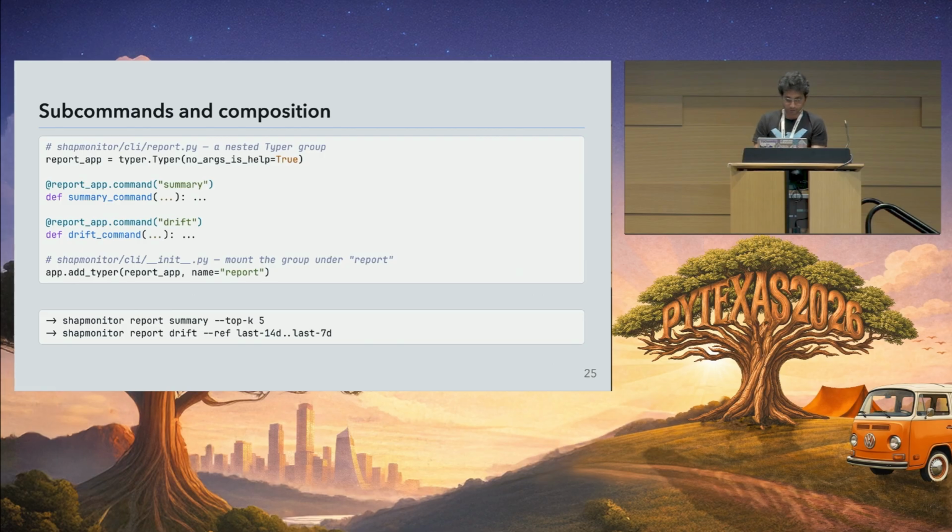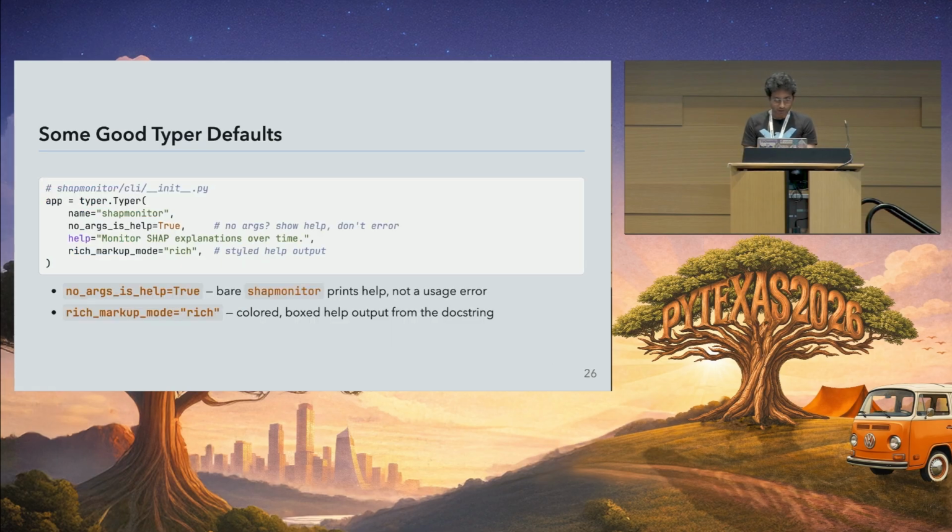The next one is that you need some good defaults. Many people don't add the --help, so they just don't do that. Well, you could just make sure that when people write shap monitor, the help menu automatically comes up.